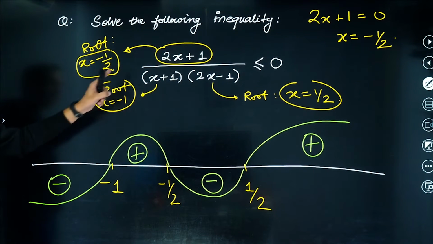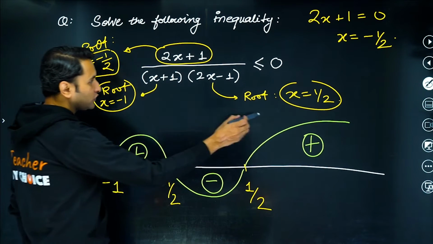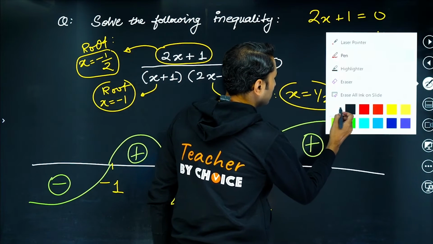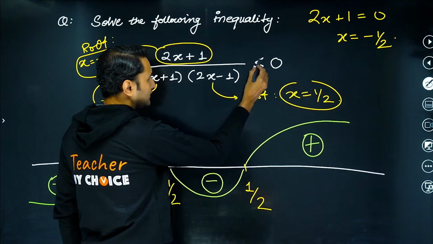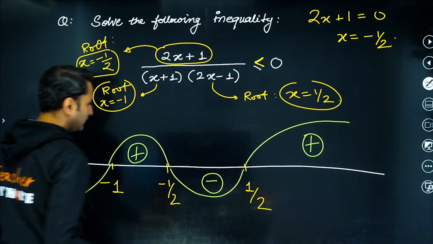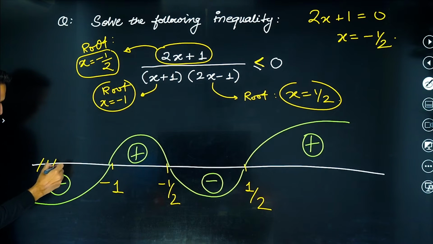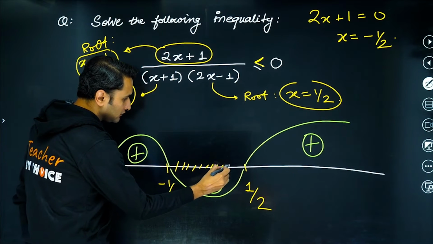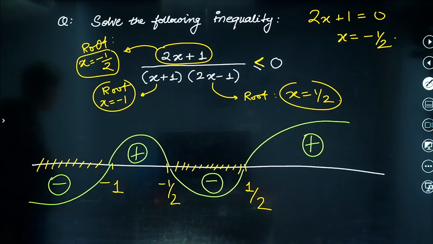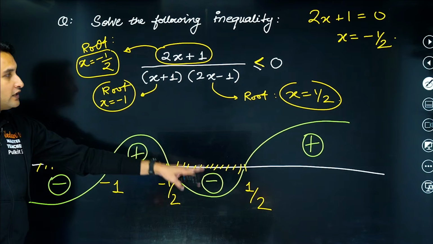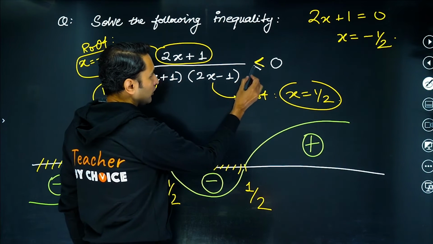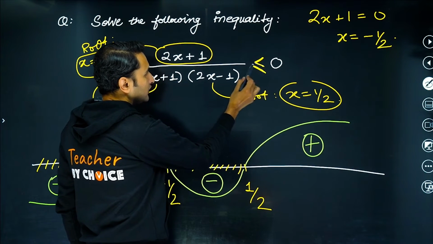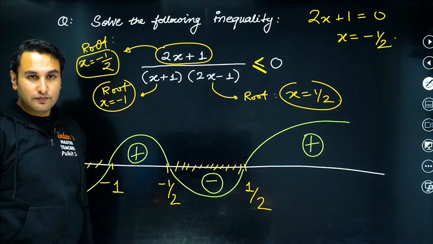Next step, identify, because there is equal to 0 as well. So we have to worry about this less than. Less than means all the negative portion. This is the negative portion where the sign is negative. Now let's worry about equal to. So what can be 0?